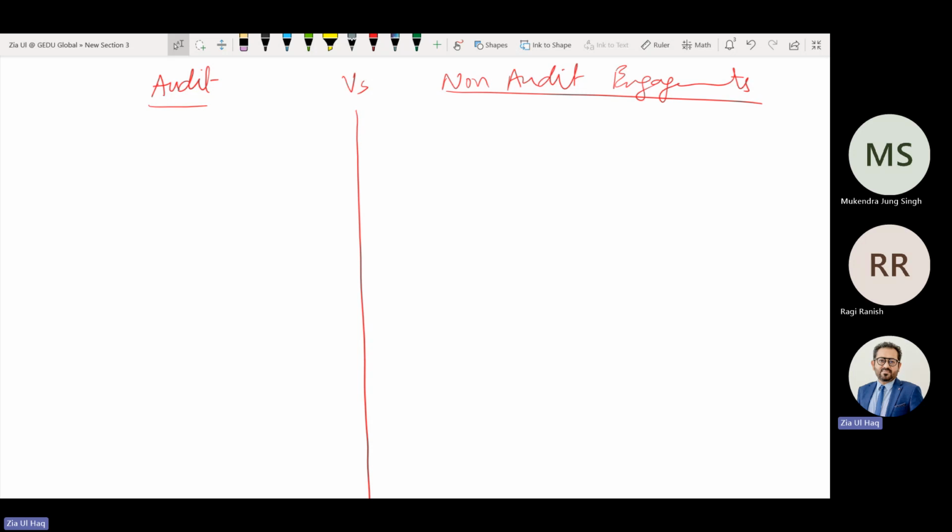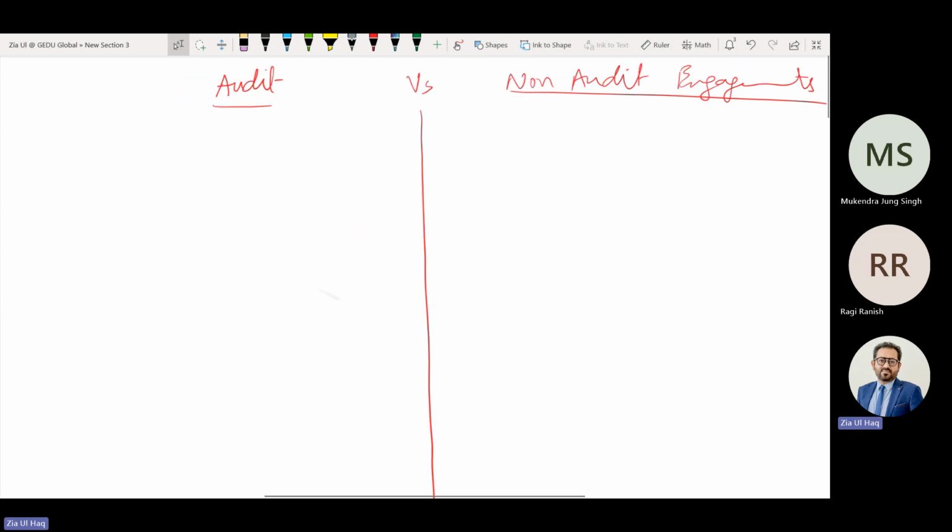Is that audit? No, audit means to express opinion on the financial statement. If we are giving opinion on cash flow for the banker, if we are giving opinion on forecast for the investor, this is not audit. This is what? Non-audit engagement. This means what is audit?